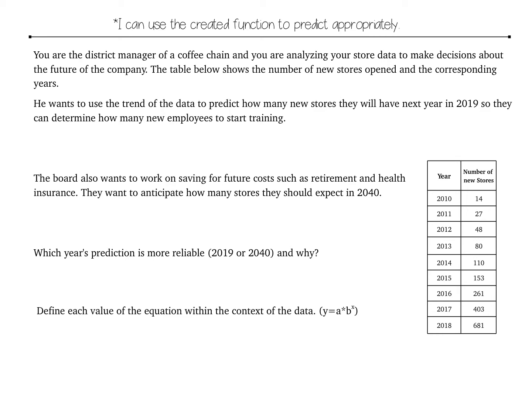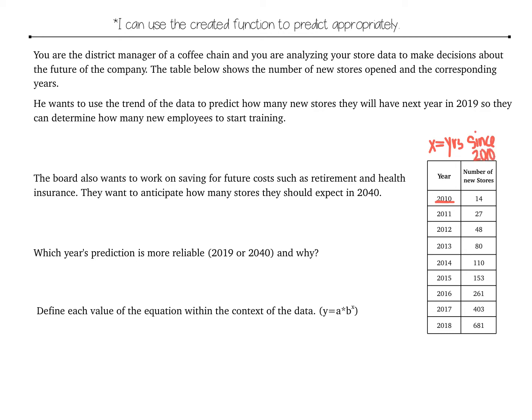So before you start typing these in, I want you to think about something. The calculator does not know that 2010 is a year. So whenever you are typing years in, which is a lot of times, we are going to condense it and make it easy. So we always want to make the first number something simple. So when I look at 2010, I could think about X being the years since 2010.